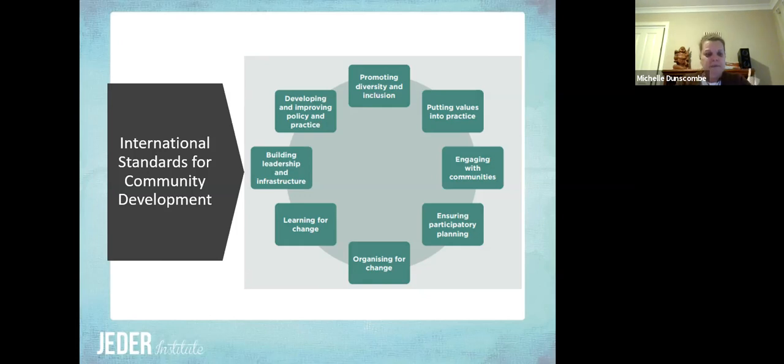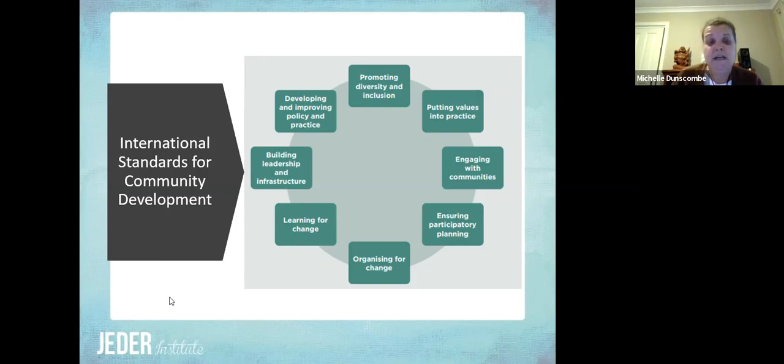I'm really happy that Dee and I are involved in a project at the moment where we're breaking down each of these 8 standards with a group around the world, so that we're creating a CD reader talking about what each of these standards means in practice, rather than just the theoretical basis.